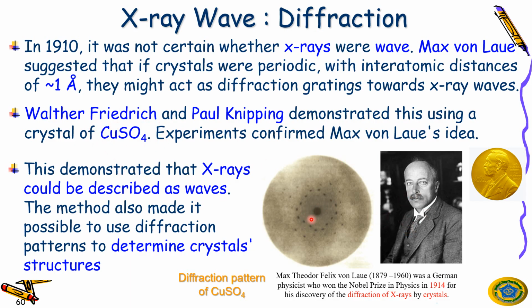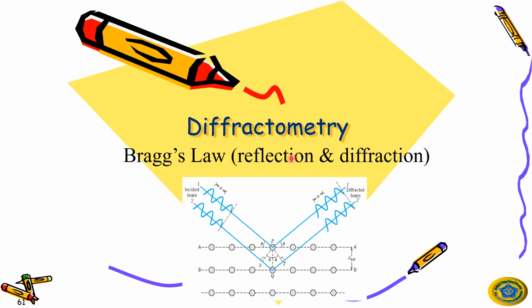And this is the pattern they found. He got the Nobel Prize. This demonstrates that X-rays can be described as a wave. Everything has a diffraction behavior. We can regard objects as waves, right? Anyway, they are great.